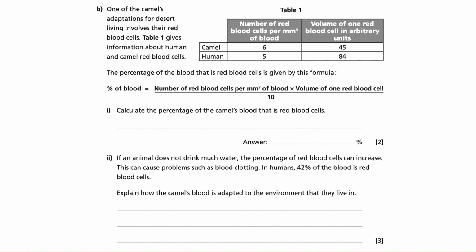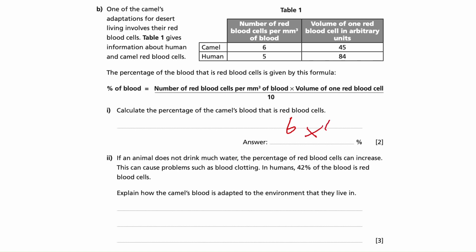B part 1. Calculate the percentage of the camel's blood that is red blood cells. Okay, so this is a fairly straightforward calculation, so we just use the data from the table and the equation that we've been given. As we can see, the number of red blood cells per millimetre cubed of blood in a camel is 6. So we do 6 times the volume of red blood cell, which is 45.